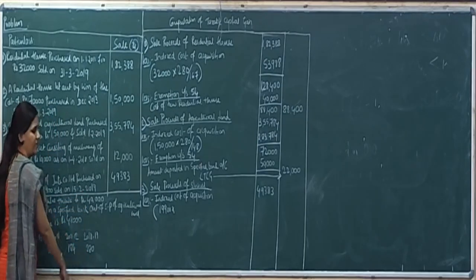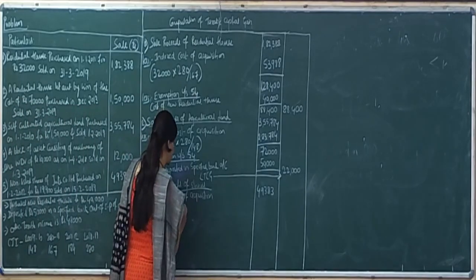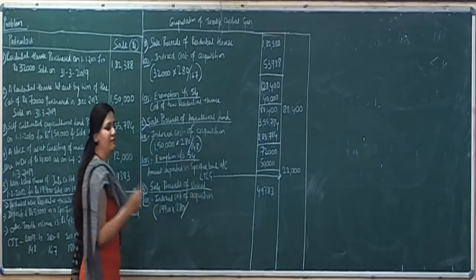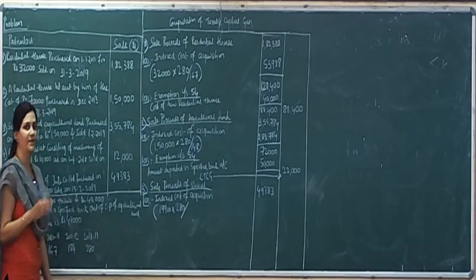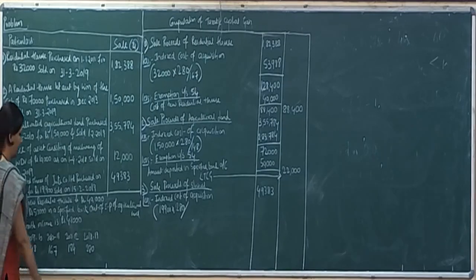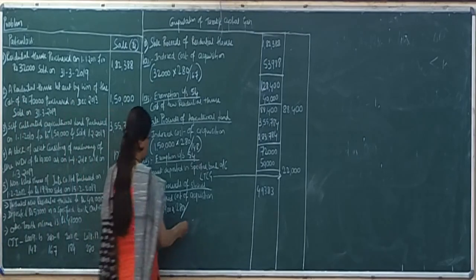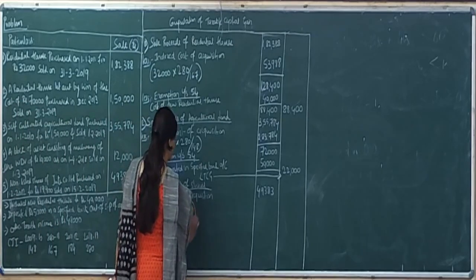First we need to consider that the year of sale is 2019, so CII corresponding to 2019 is 280, divided by CII for the year of acquisition, when it was purchased. For 2012 it is 184.